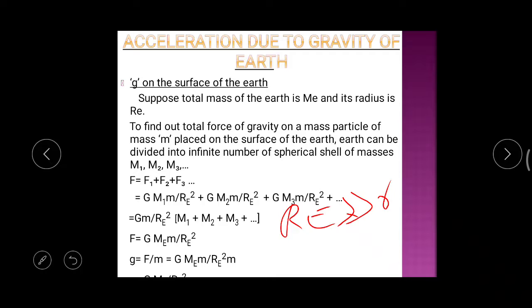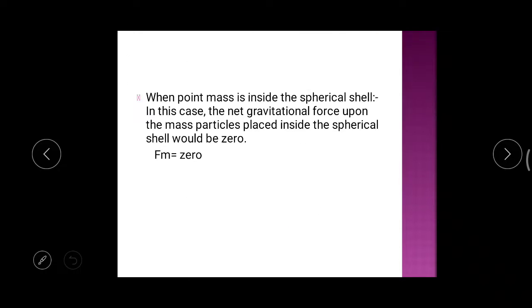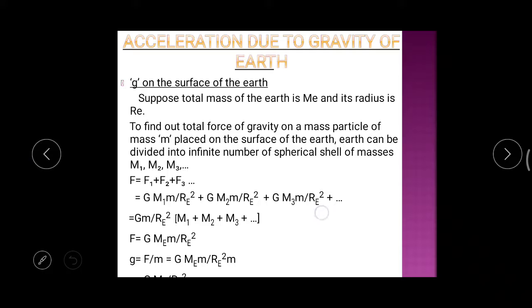Now here we have to use Newton's second law of motion, that is force F is equal to ma. Here instead of the acceleration a, we have to consider the gravitational acceleration. So F will be equal to m into g, where m is the mass of the particle.